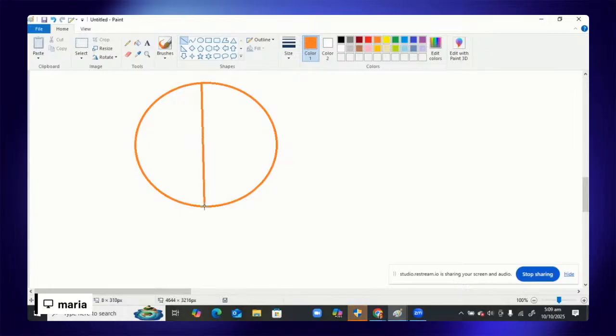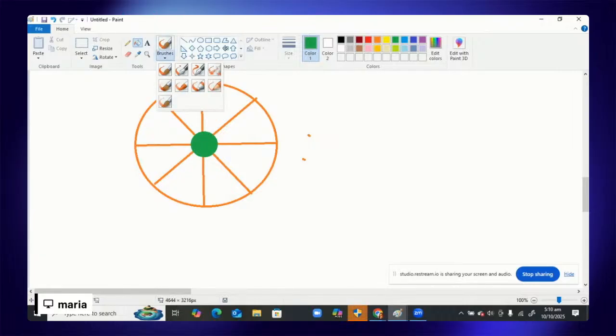Let's suppose this is our spinner, as we can see, and here is our arrow.